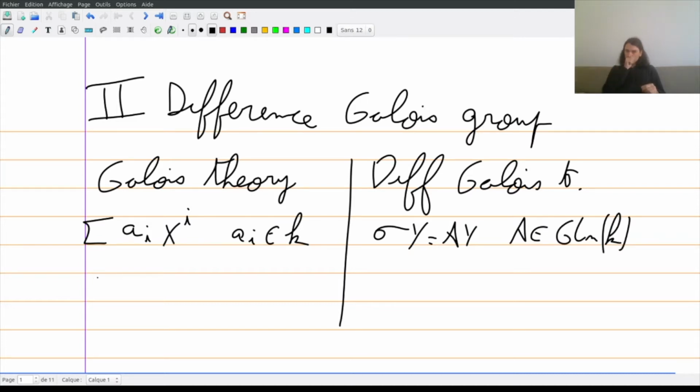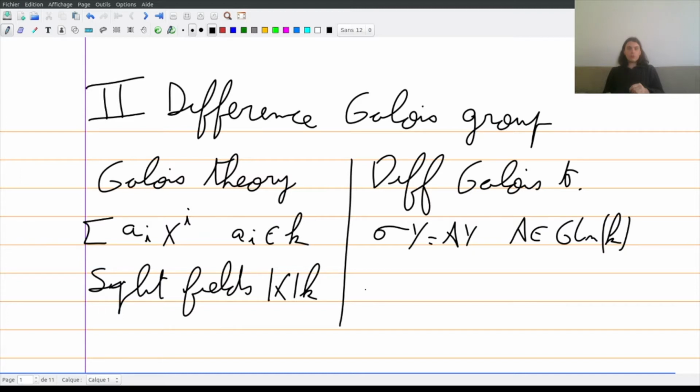So in Galois theory you have the notion of splitting field. So it's a field that contains a solution. Here it was the notion of Picard-Vessiot extension. So we have seen that it's not generally a field.